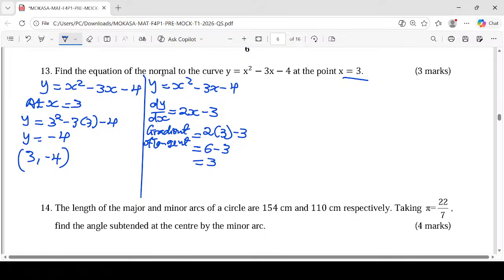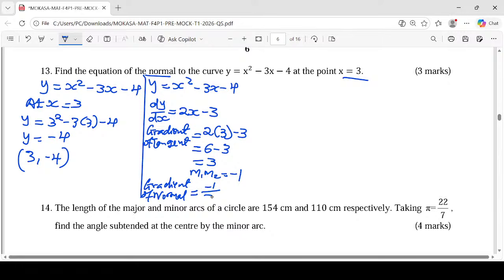But now they are talking about the normal. Remember that the tangent and the normal are always perpendicular. So that means m1 m2 is equivalent to -1. So to get the gradient of the normal, it will be -1 over 3.